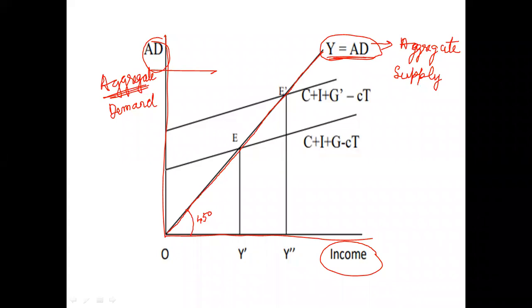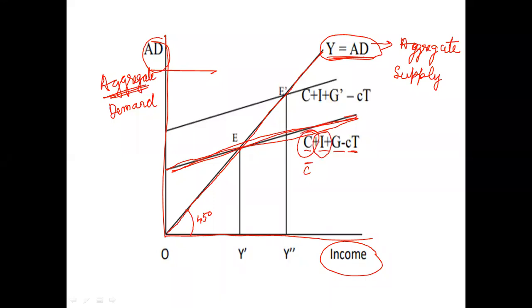Now this one is called the aggregate demand first curve. This line you see, students, is the aggregate demand curve. The formula is given here: C plus I plus G minus cT. What is this C? C means autonomous consumption. Do you remember C dash we studied earlier?